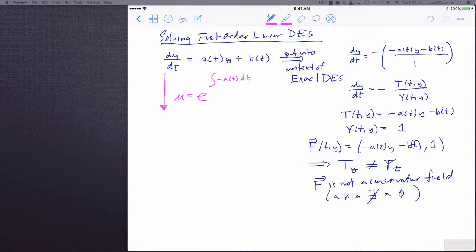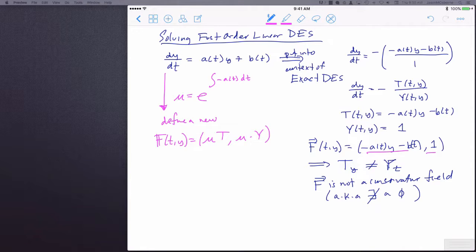that if we did that, then we could define a new vector field, dependent on t and y, and it was mu multiplied by the original T and then mu times the original Y, which were T and Y as given over here.